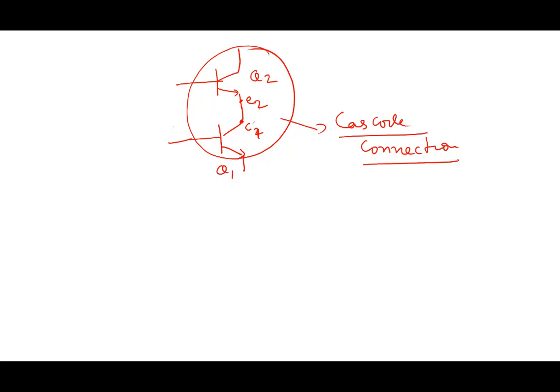A signal from a collector feeding into the emitter of the next is known as the cascode connection. So at various places you will see cascode connections.